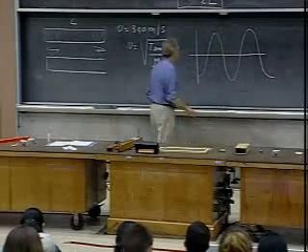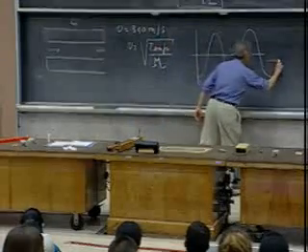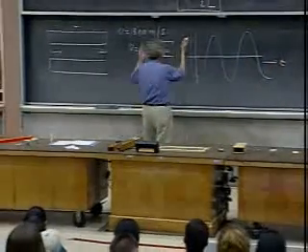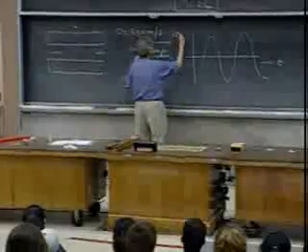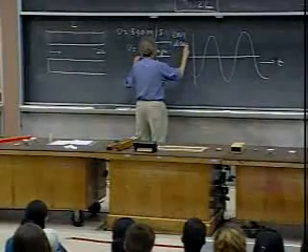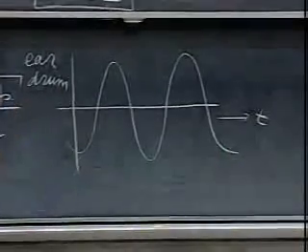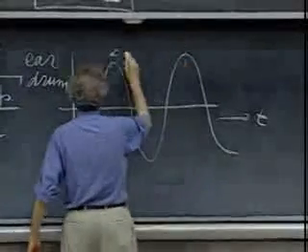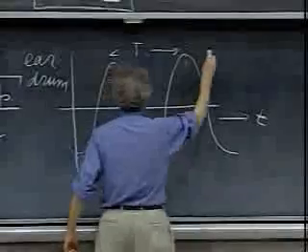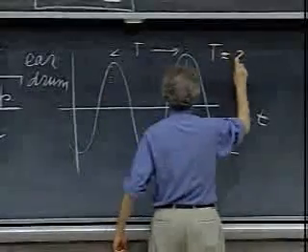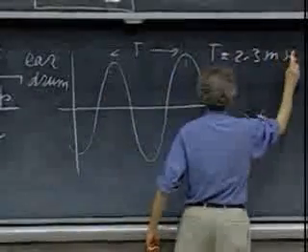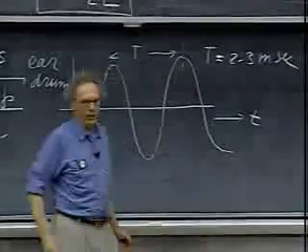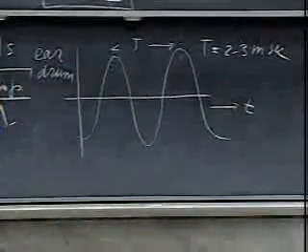And if this is 440 hertz, so this is time, and this is the displacement of your eardrum. In our case, it's a microphone. It's really a current after amplification. And if this is 440 hertz, then this time t will be about 2.3 milliseconds. 1 divided by 440.